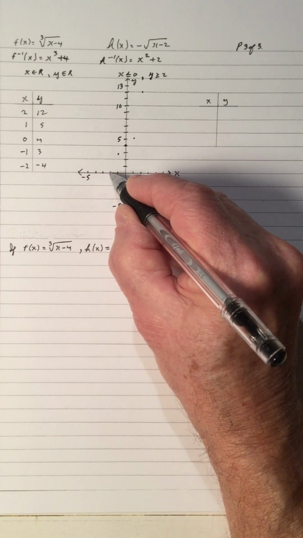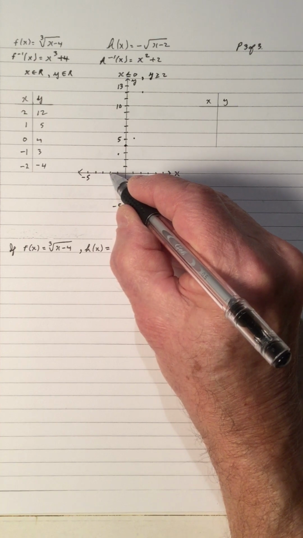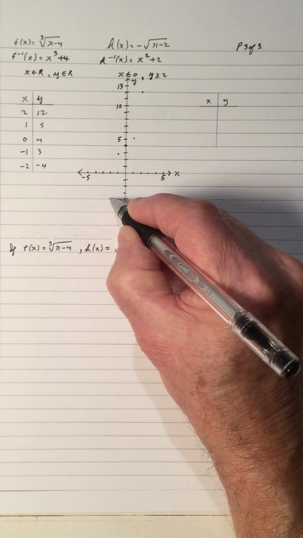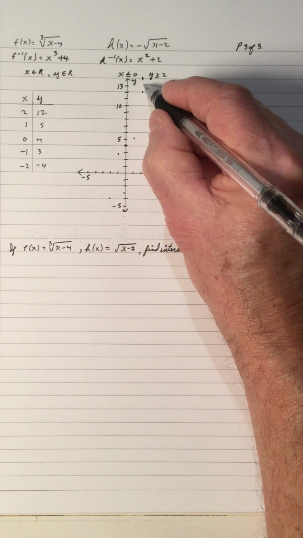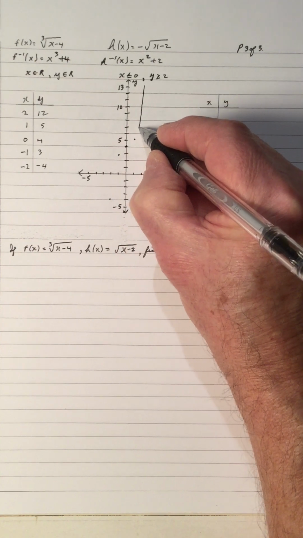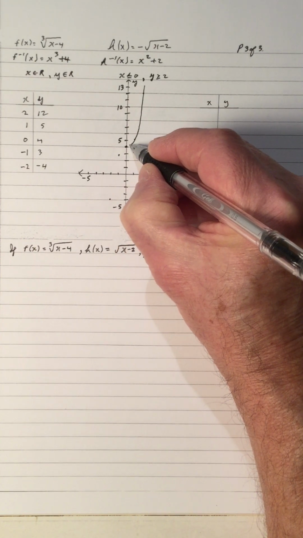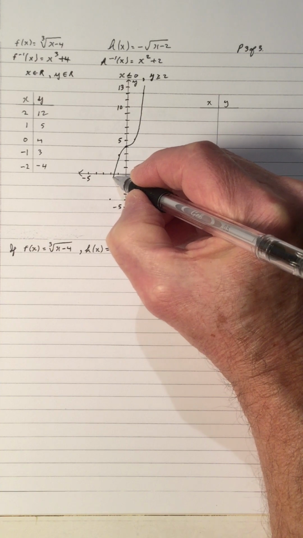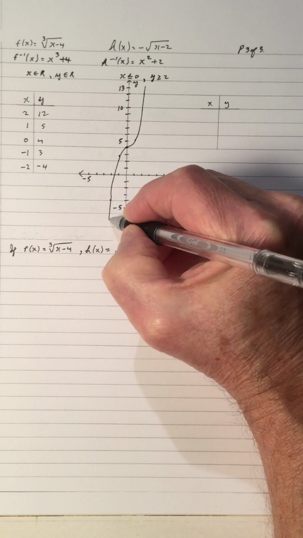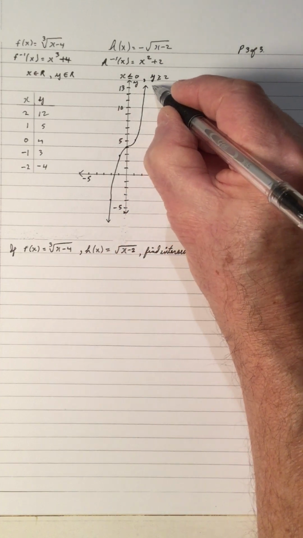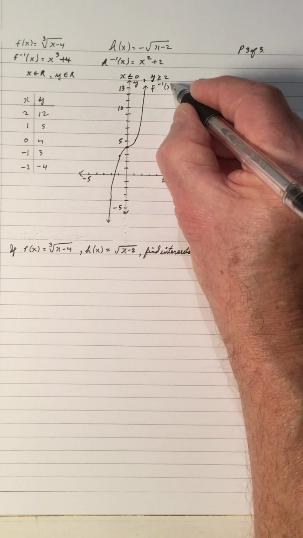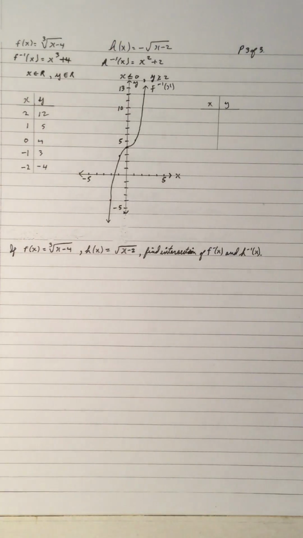X is negative 2, y is negative 4. So it comes down. Remember, it's a sideways S, curls in, and there it is, coming down through. There's a sideways S. This is the f to the negative 1. This is the inverse of this one.